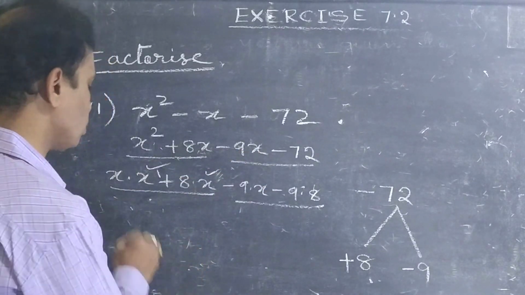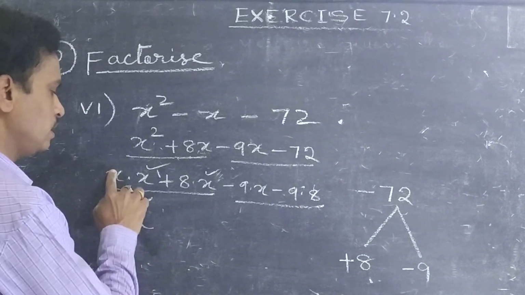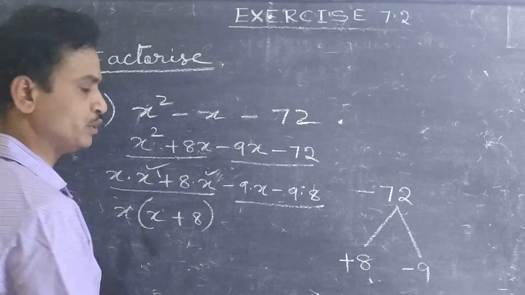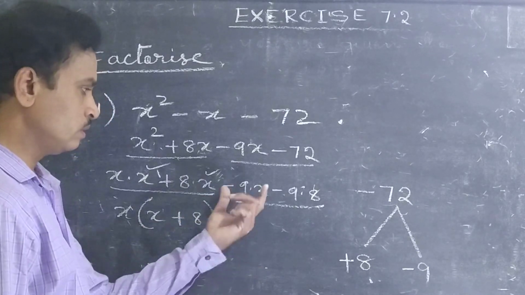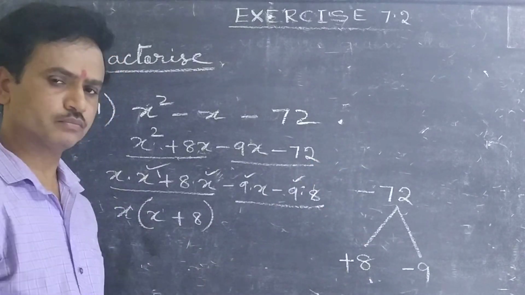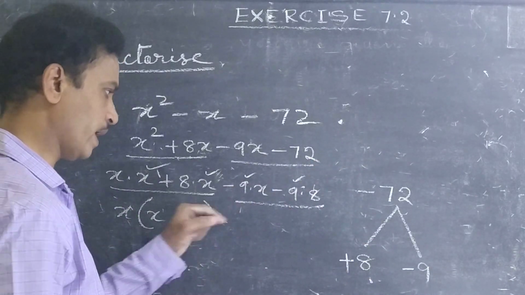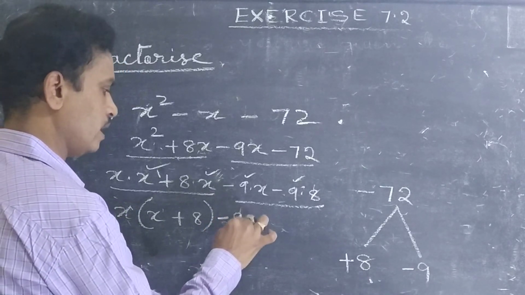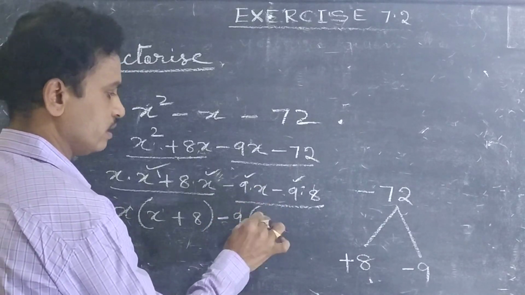Now in the first group x is common, outside the bracket. Inside what should we write? X plus what is remaining here, 8. In this group here 9, here also 9. Here minus is there, so you keep minus 9. What is remaining here?